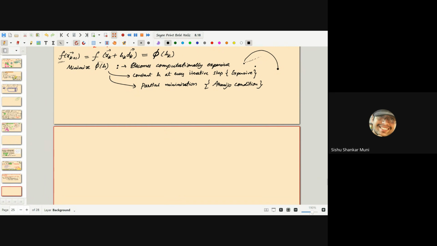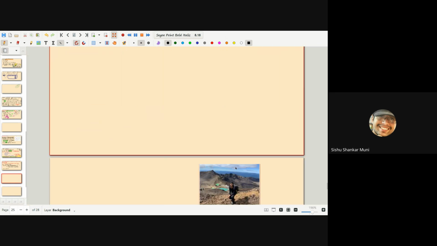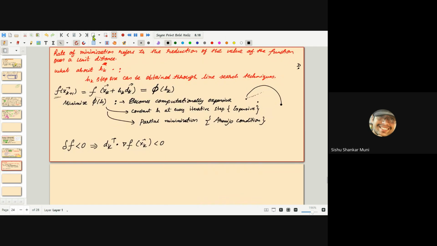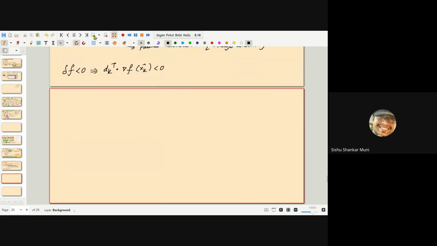I will remind you that for minimization, we need delta f to be less than 0. That implies dk transpose dot gradient of f at xk is less than 0. Do you agree with me?